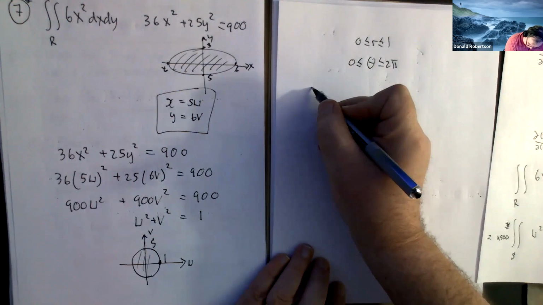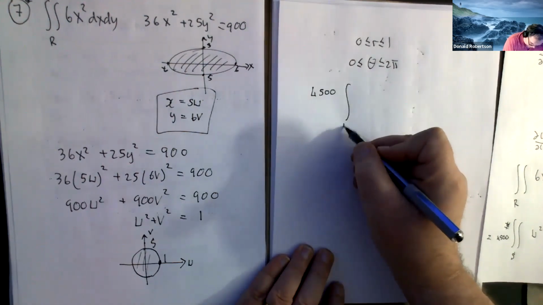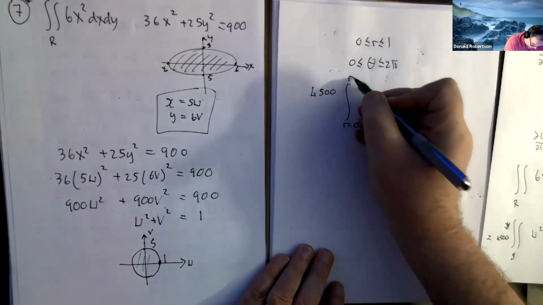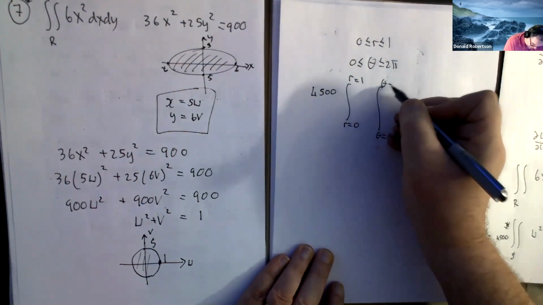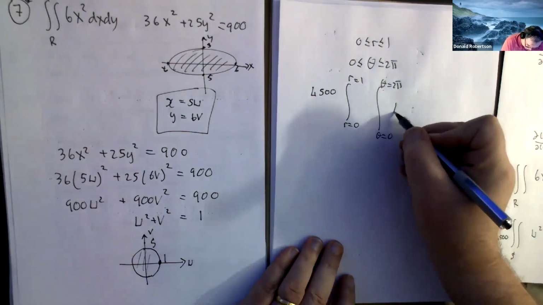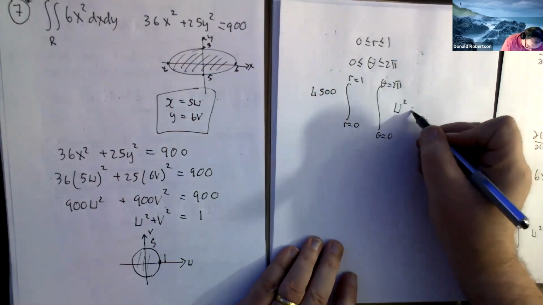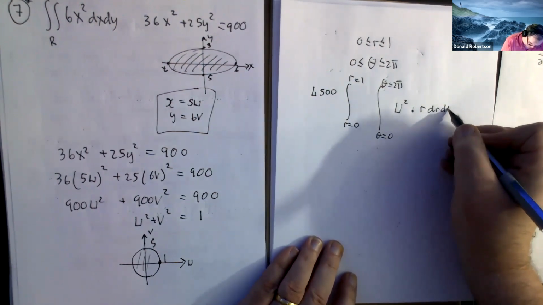And so my region now becomes 4,500 times the integral from r equals 0 to r equals 1, from theta equals 0 to theta equals 2 pi. I have u squared r dr d theta.